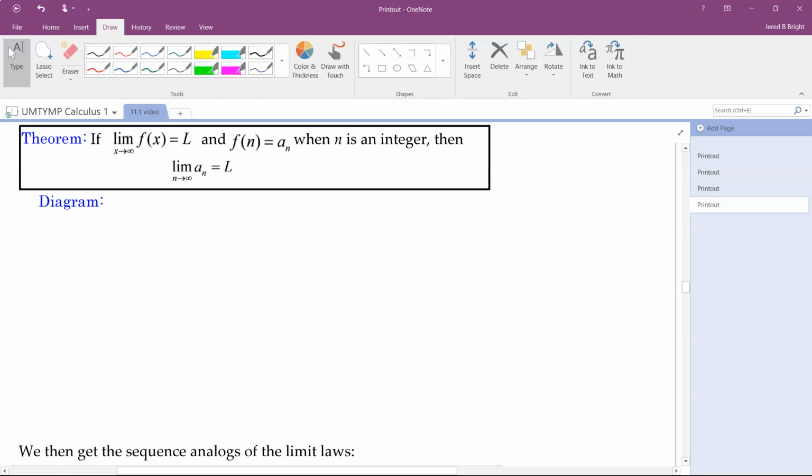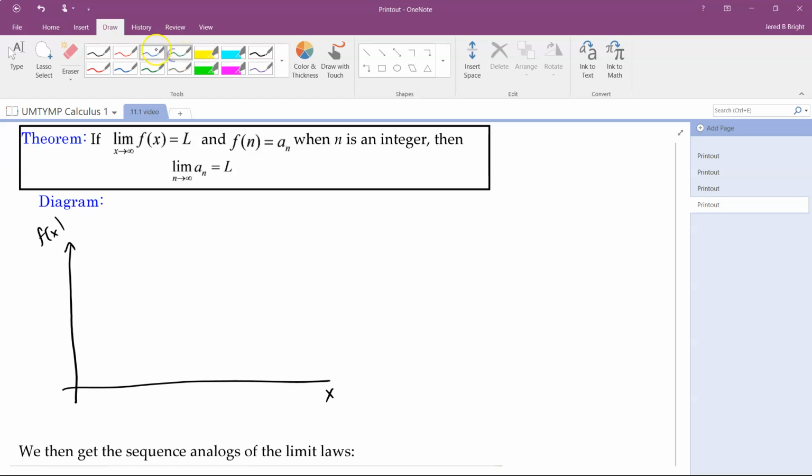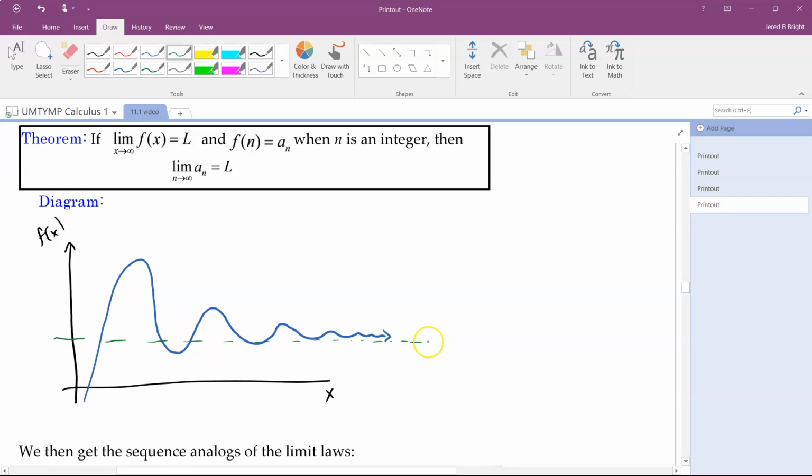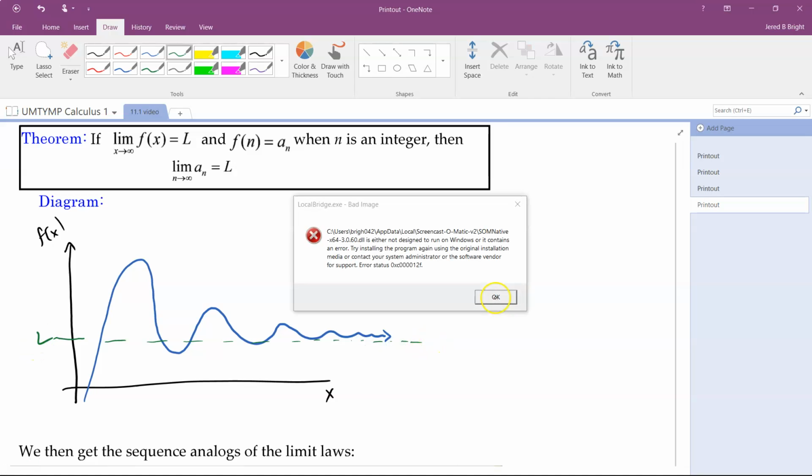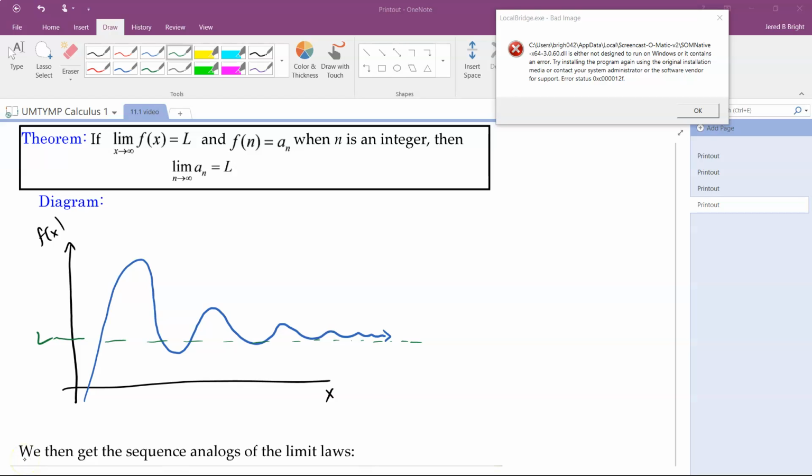So formally, if we want to look at this in a diagram, again, this would be x, and this would be f of x. We could see maybe the function has this sort of behavior. I'm just going to model something. So we have something like that, and then we look at L as being kind of this long-term line.